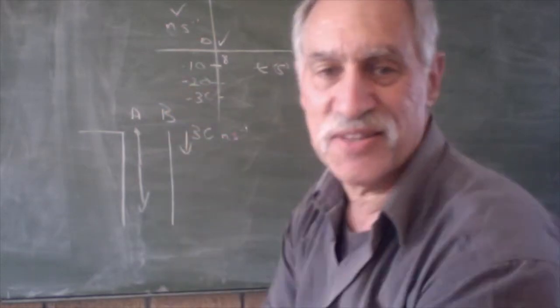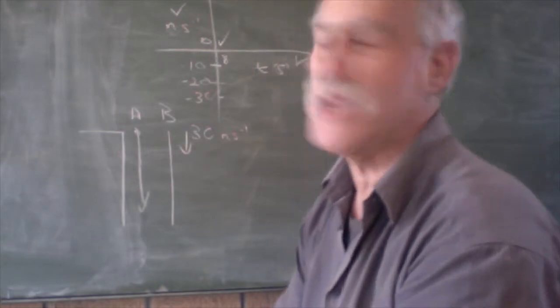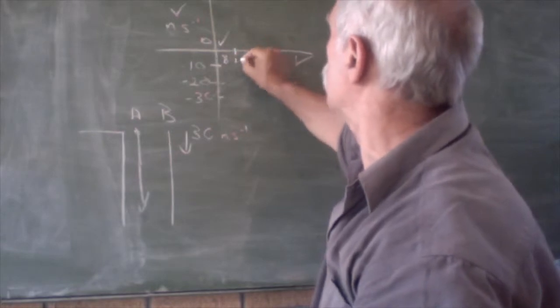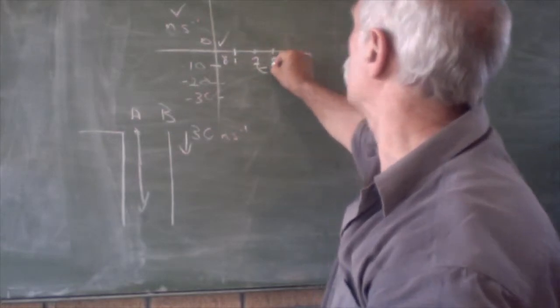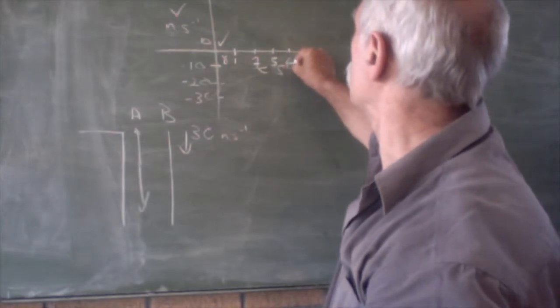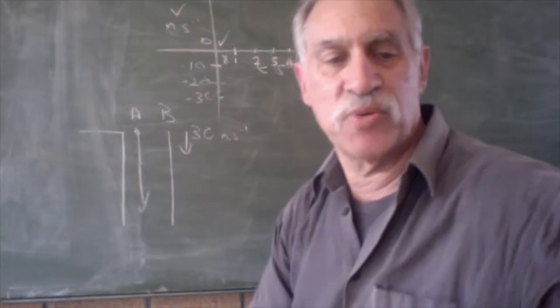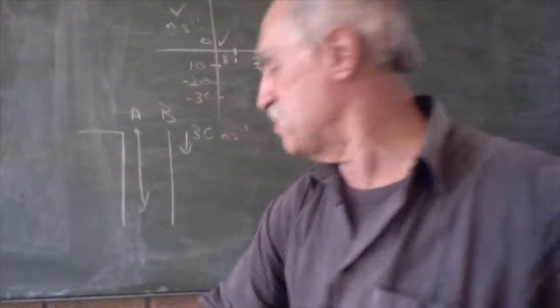Now it's amazing the number of ways that one can get a graph wrong the first time one does it. And then on this axis, they've got their naught. They're going to have 1 second, 2 seconds, 3 seconds, and 4 seconds. The problem only goes up to 4 seconds. And then we're giving them this piece of graph paper to do it on.